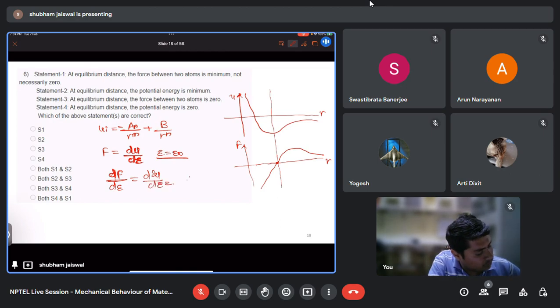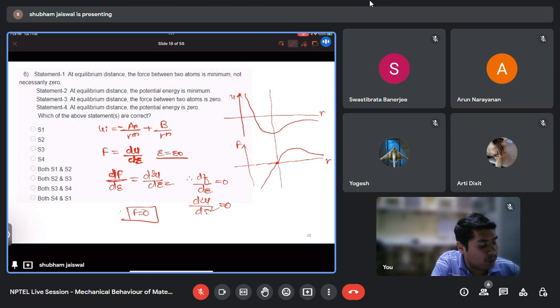So if ∂f by ∂r is zero, then ∂²u by ∂r² equals 0, and our f is equal to 0. But at the equilibrium distance, the force comes out to be 0. So this statement is wrong.